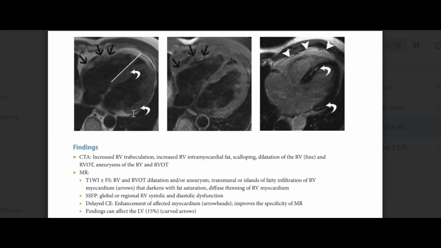This is the fat infiltration on T1. And these areas will show delayed contrast enhancement.